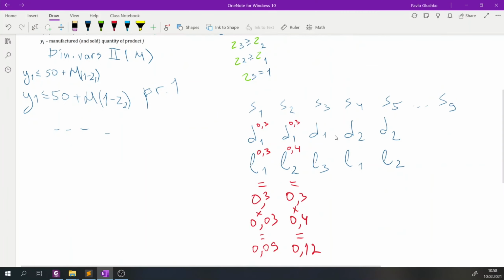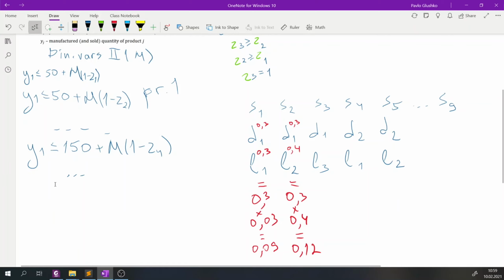I just write down that the production of product 1 is less or equal than 150 plus M times 1 minus z4, because this is the fourth scenario. And I would continue in the same way until the 9th scenario.